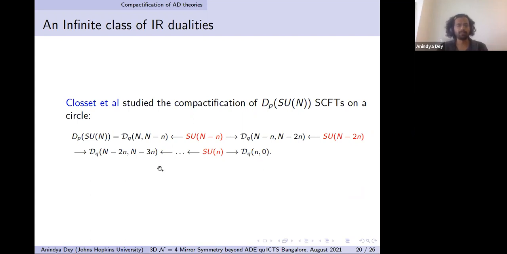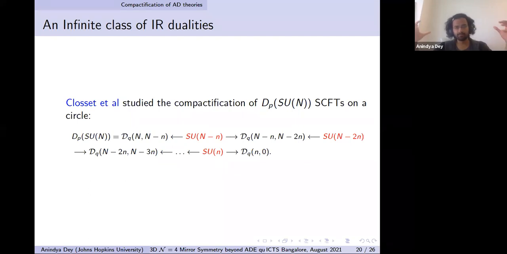So these are isolated SCFTs with SUN minus n flavor symmetry, and they could be glued together by these SUN vector multiplets.